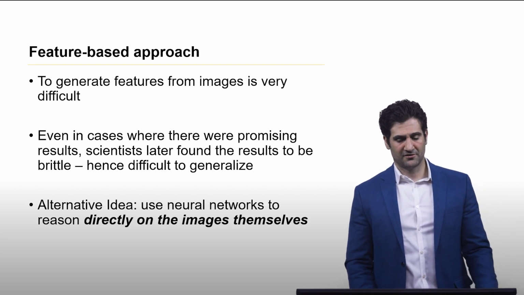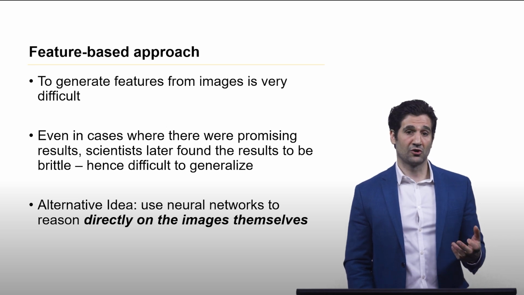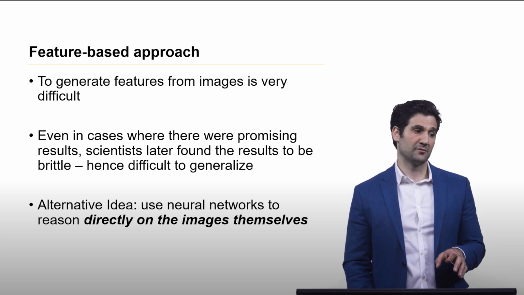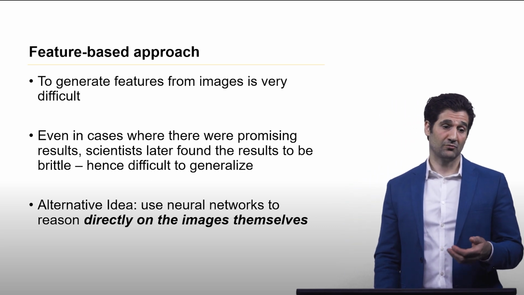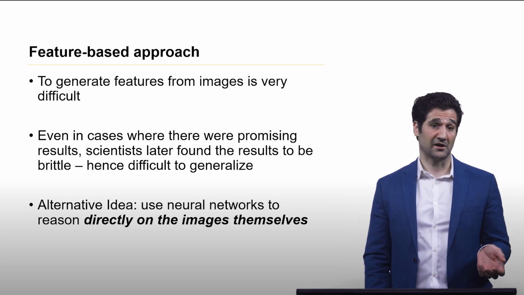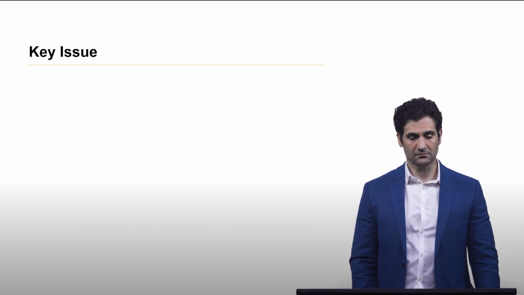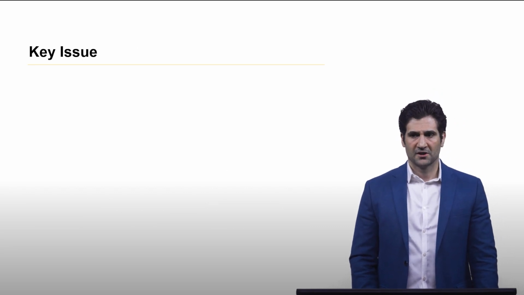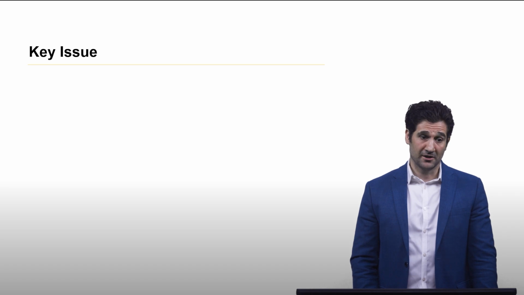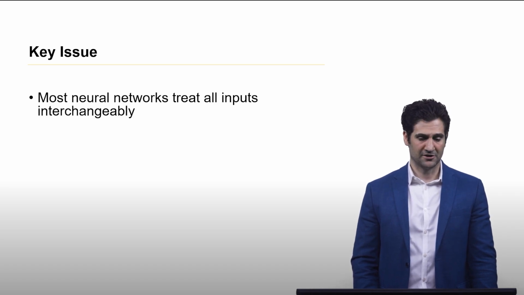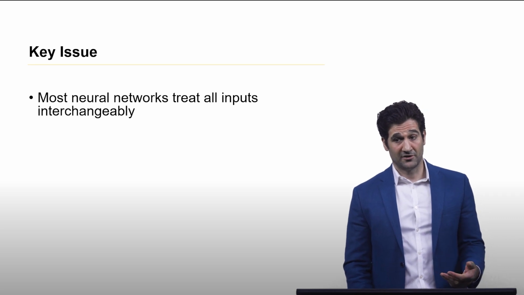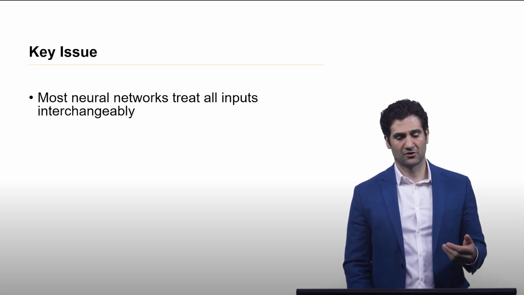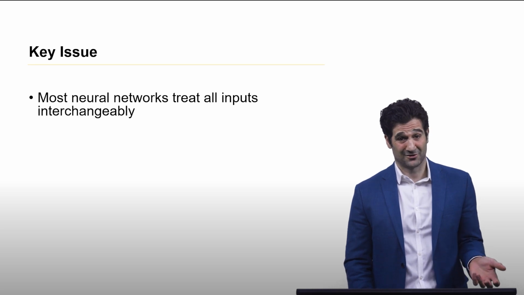So the alternative idea was to use neural networks to reason directly on the images themselves and have those neural networks figure out what the features are all by themselves. If we just take a high-quality image, we would have a couple of issues. First, most neural networks treat all the inputs interchangeably.